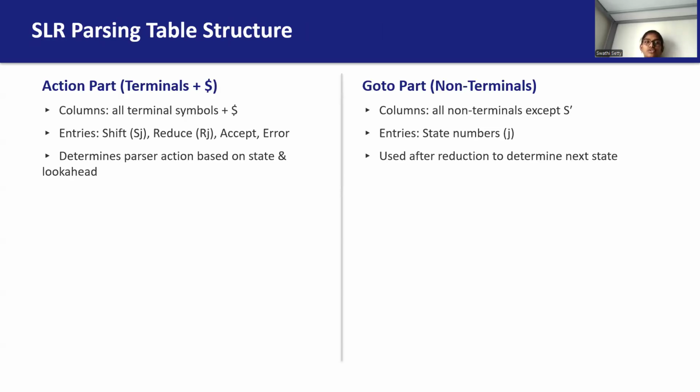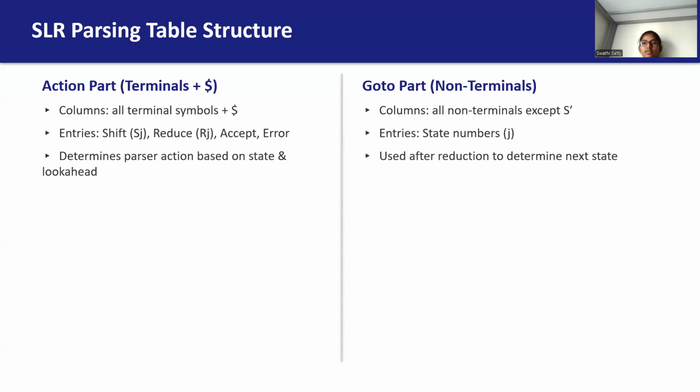SLR parsing table structure: action part and goto part. Action part refers to the columns, with all the terminal symbols plus the dollar symbol. The shift entries, reduce entries, accept, and error are all in this action part. It determines the parser action based on state and lookahead.